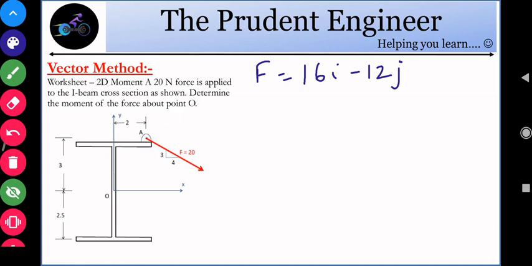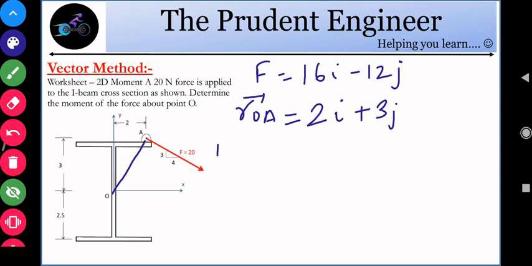Now we have to find the moment about O, the tendency of rotation of this bar with respect to O. So we can take the vector OA. The position vector OA can be written as: we have to move 3 units in positive y and 2 units in positive x direction. That means 2i plus 3j.